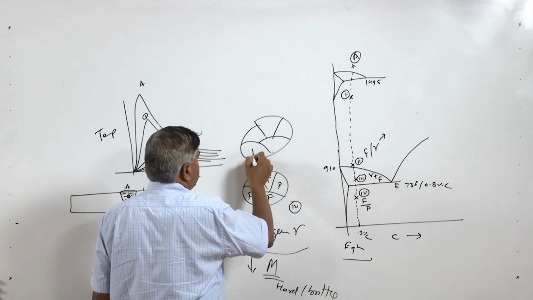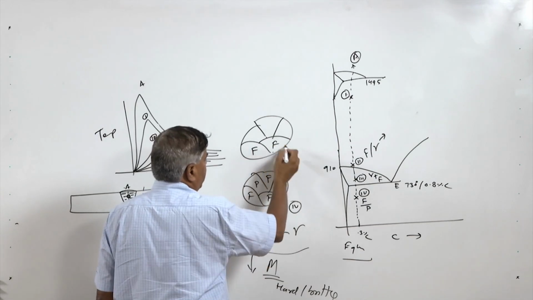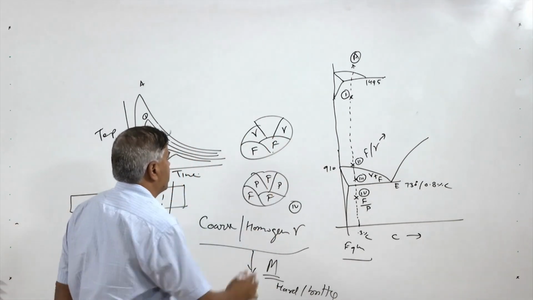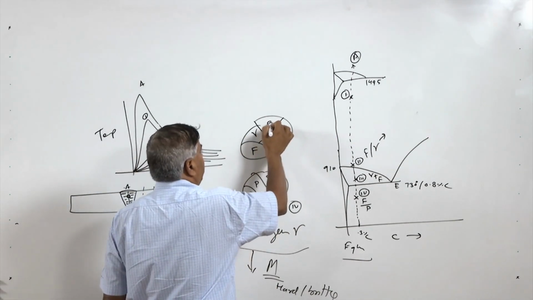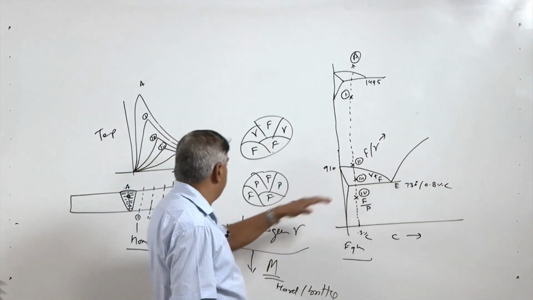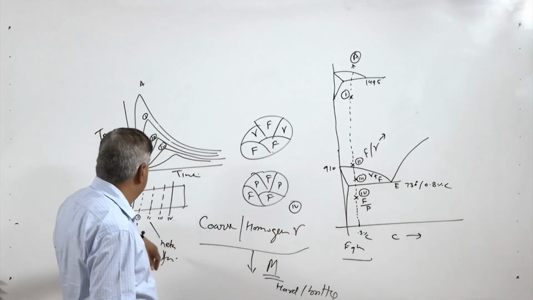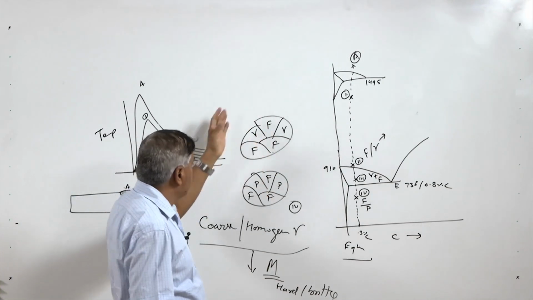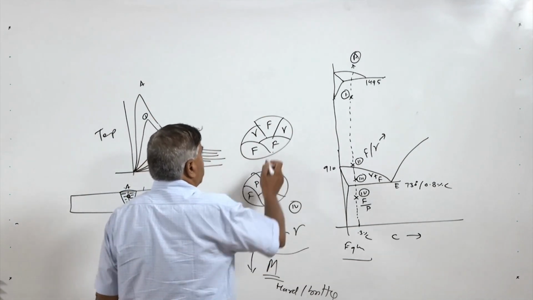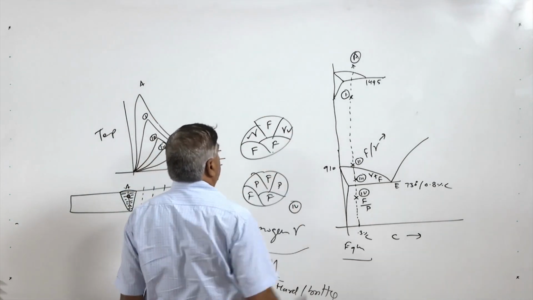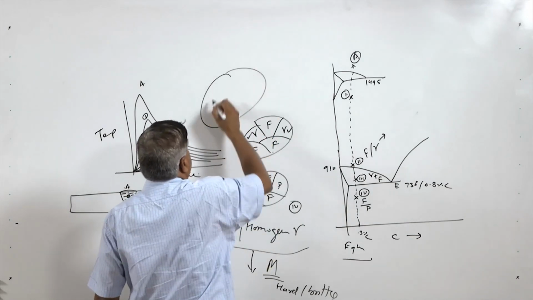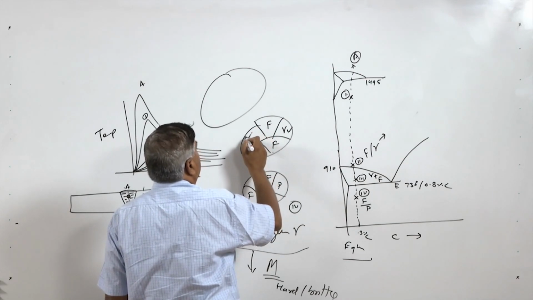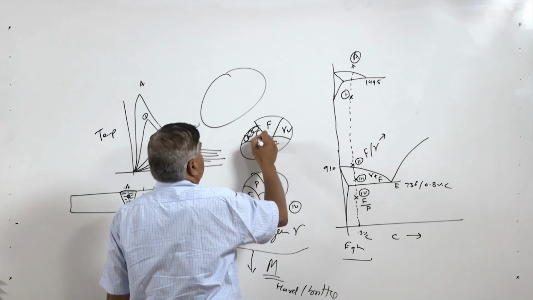So this remains ferrite, this remains ferrite, here pearlite transforms into austenite, here pearlite transforms into austenite, and this grain again remains ferrite. So during heating, point 3 will experience both ferrite plus austenite, and subsequent rapid cooling results in the transformation of this gamma into fine pearlite, finer pearlite grains within the austenite.